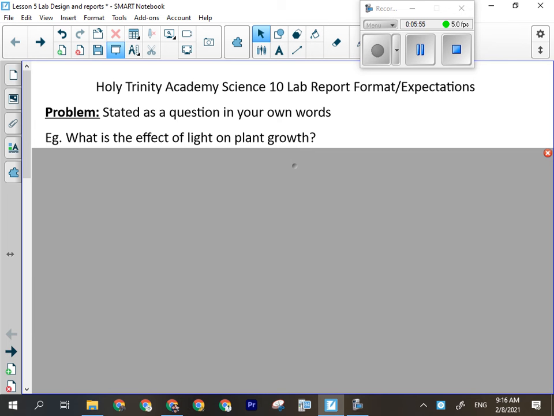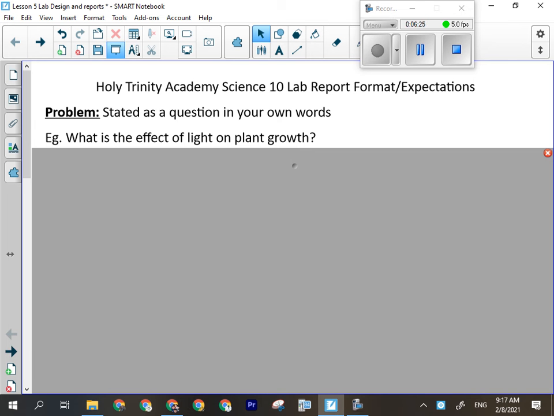Okay, so I should make sure that all the plants I'm testing, because I'm going to have maybe some that get no light, some that get 24 hours of light, and probably some in the middle that get, maybe 6, 12, 18 hours. I'm going to have some various amounts of light there. But I need to make sure all those plants get the same amount of water. Otherwise, I won't know whether it was the amount of light or the amount of water that they got that made them grow. So I need to make sure they all get the same amount of water.